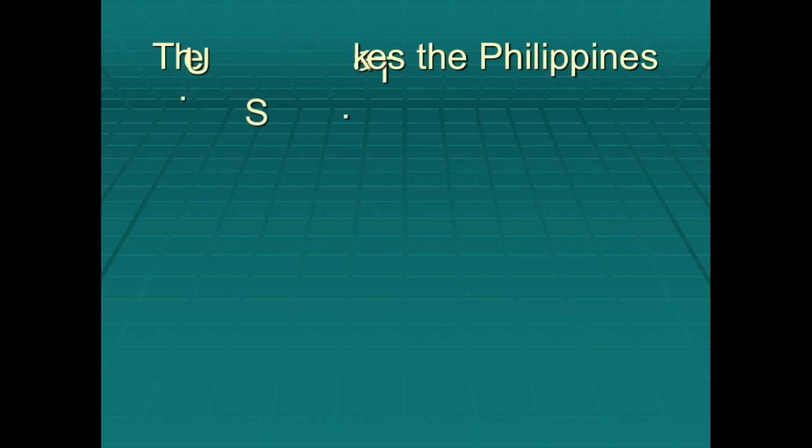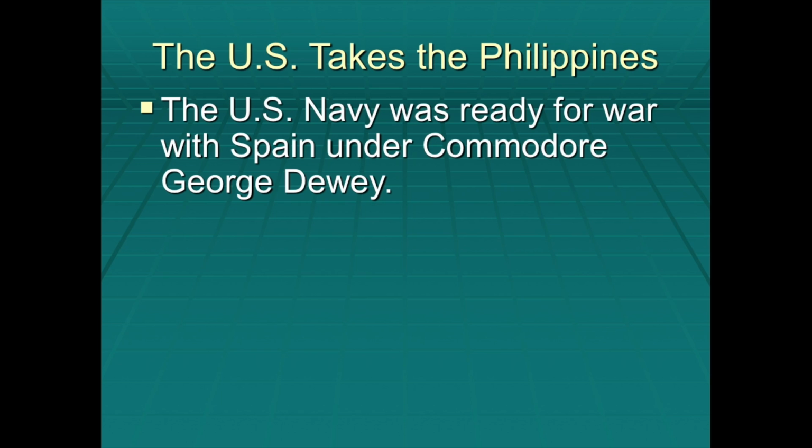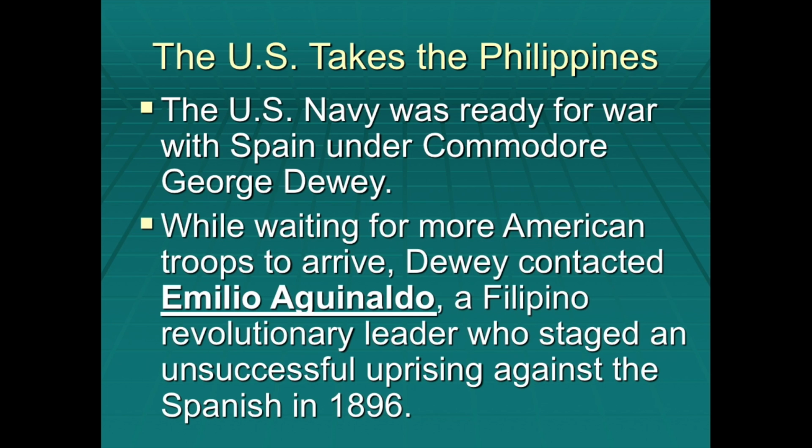The U.S. takes the Philippines. The U.S. Navy was ready for war with Spain under Commodore George Dewey. While waiting for more American troops to arrive, Dewey contacted Emilio Aguinaldo, a Filipino revolutionary leader who staged an unsuccessful uprising against the Spanish in 1896.